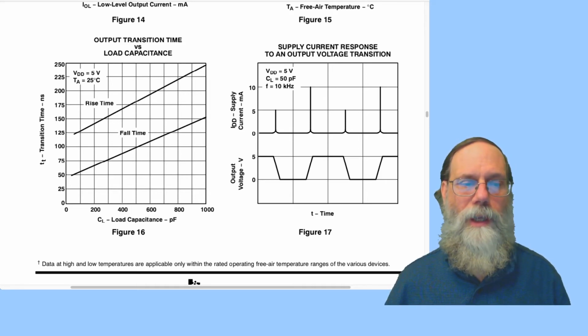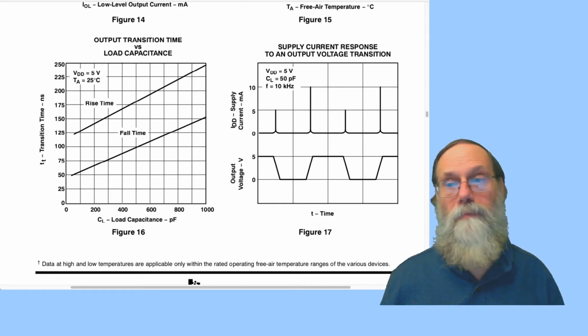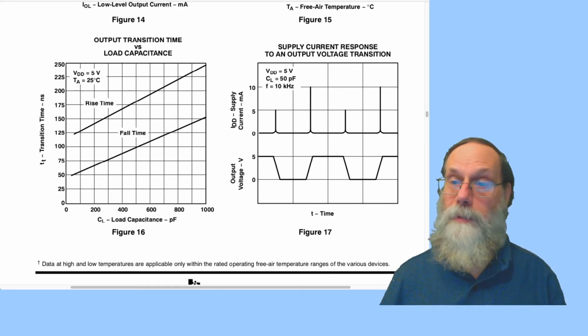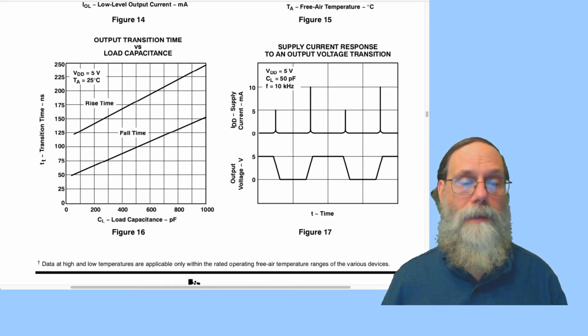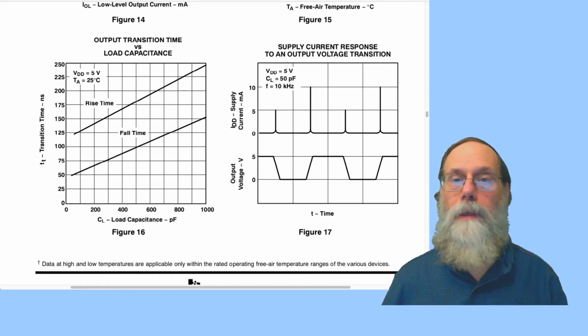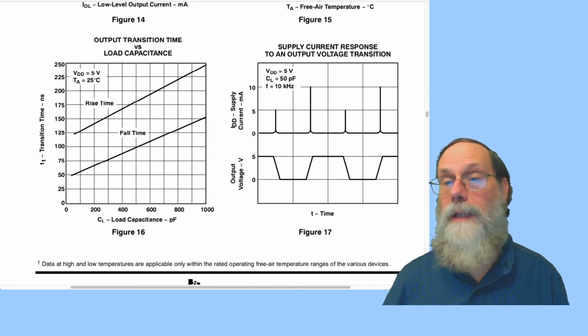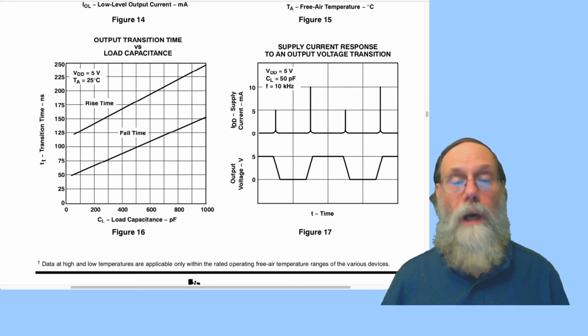Since there are straight lines, we can estimate that the rise time may be 115 nanoseconds plus 130 nanoseconds per nanofarad, and the fall time there is about 45 nanoseconds plus 110 nanoseconds per nanofarad.